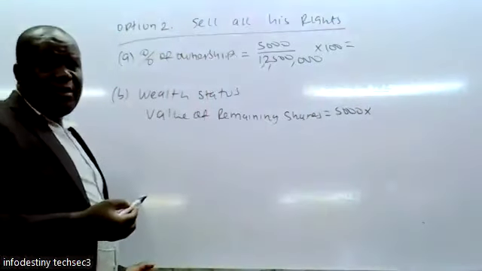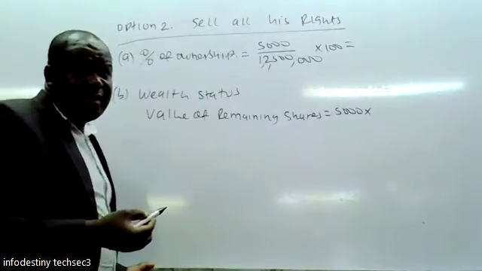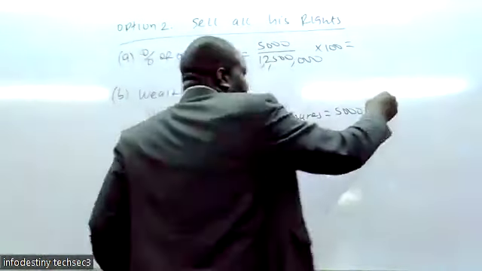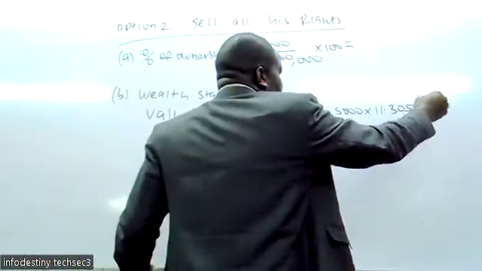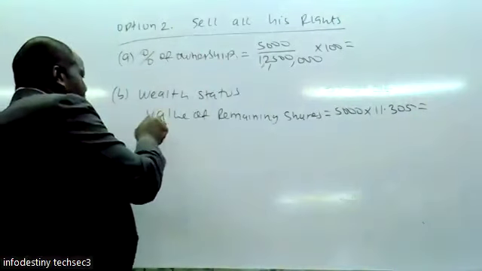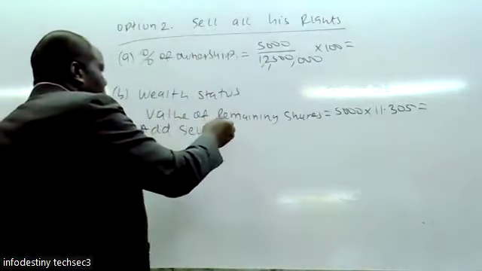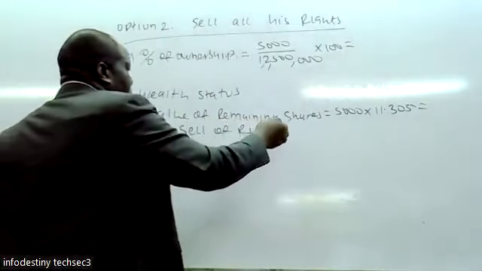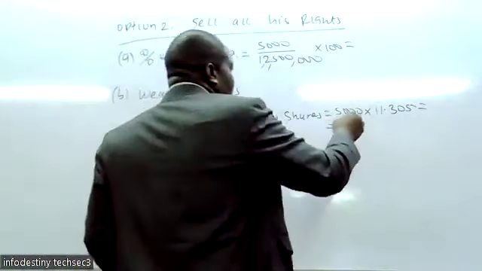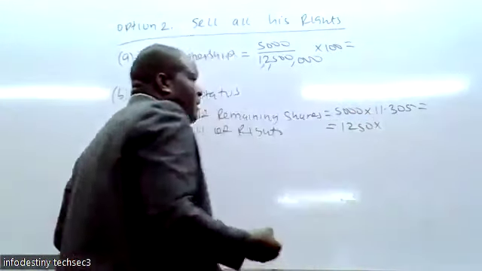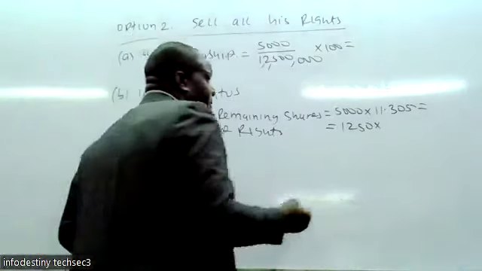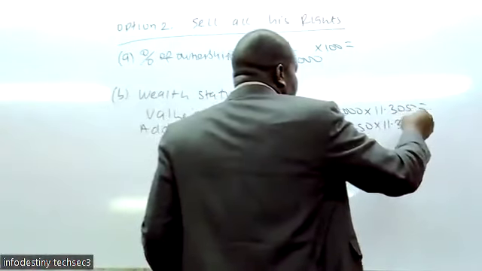But after the right issue, all shares are valued at the theoretical ex-right price, which was 11.305. I suspect that was the figure. Then we add the sale of the rights. He sold the 1,250, but when he sells, he would still sell them at the theoretical ex-right price, which is 11.305.